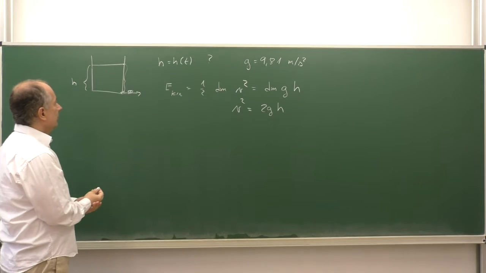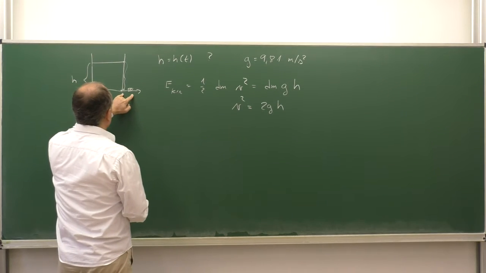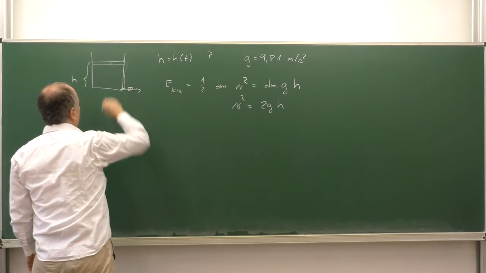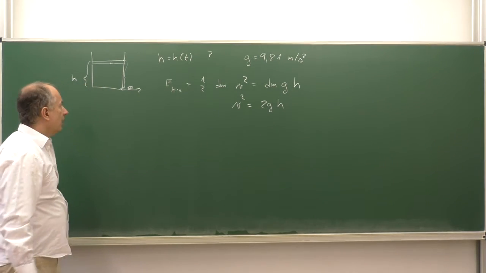And what about the conservation of mass? What flows out must be compensated by the decrease of volume when the surface goes down.